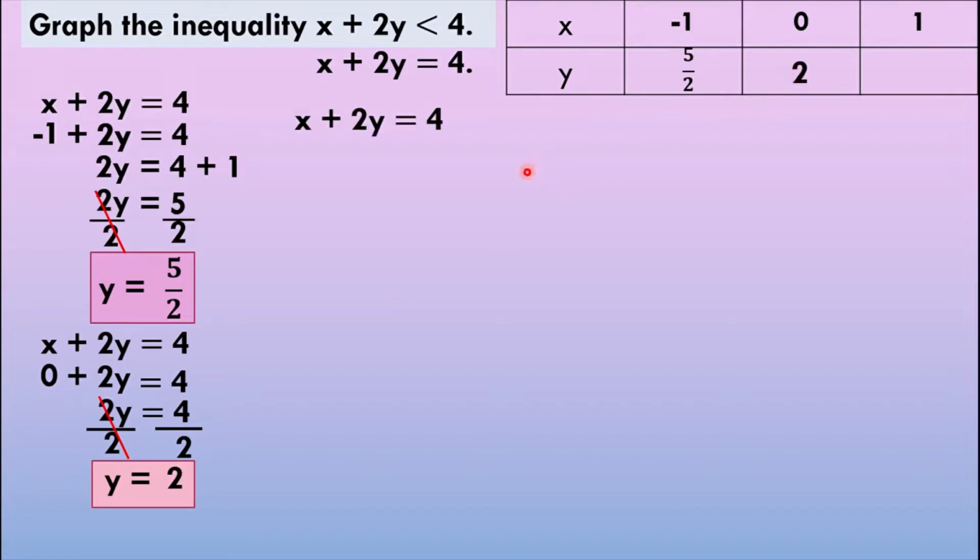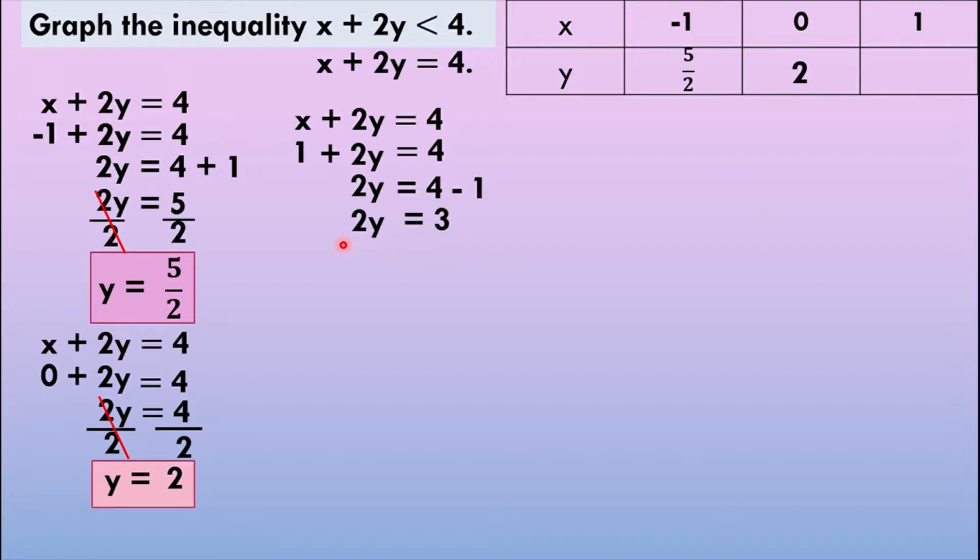Next, let us solve for y when x is positive 1. Okay, substitute 1 plus 2y equals 4. Then, 2y is equal to 4. Then, the positive 1, we transpose to the right side. So, it becomes negative 1. So, 2y equals 4 minus 1. We have positive 3. 2y equals 3.